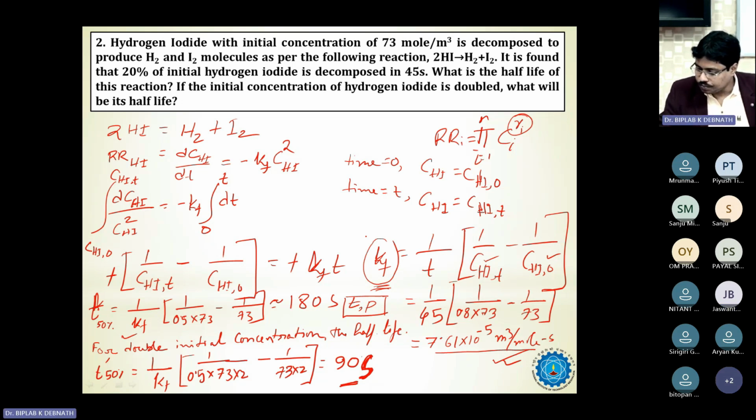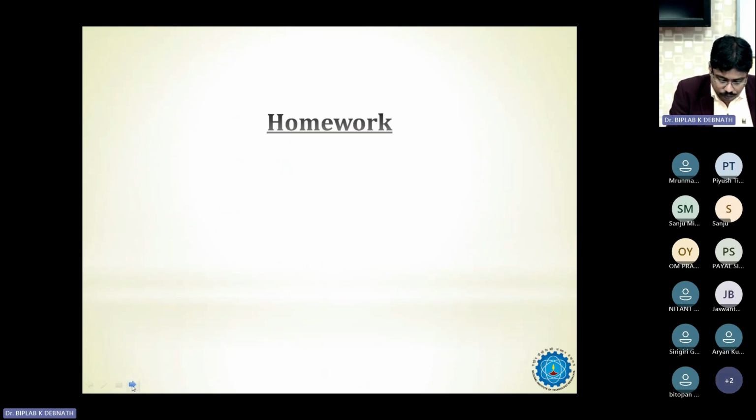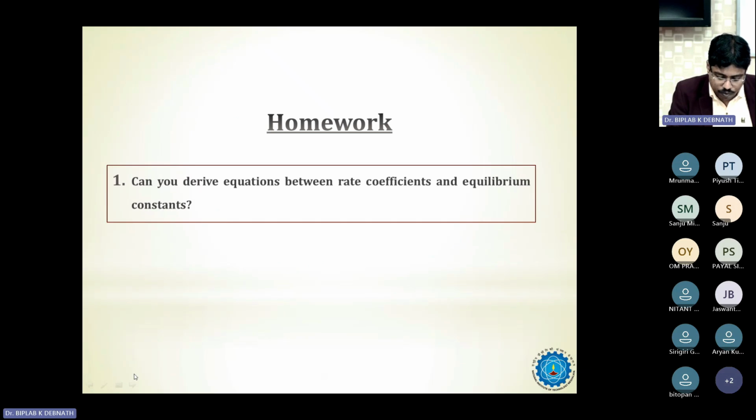Any doubt? Okay, so if there is no query, there is a homework problem over here. Can you derive the equation between reaction rates and equilibrium constant? Okay, so this is a homework for you. I have discussed the equilibrium constants in the last class. But the reaction rates we have discussed today are basically for the elementary reaction, the specific reaction rate or rate coefficient.